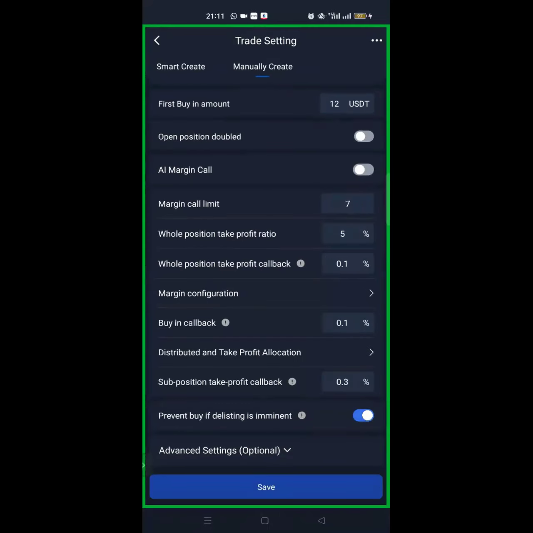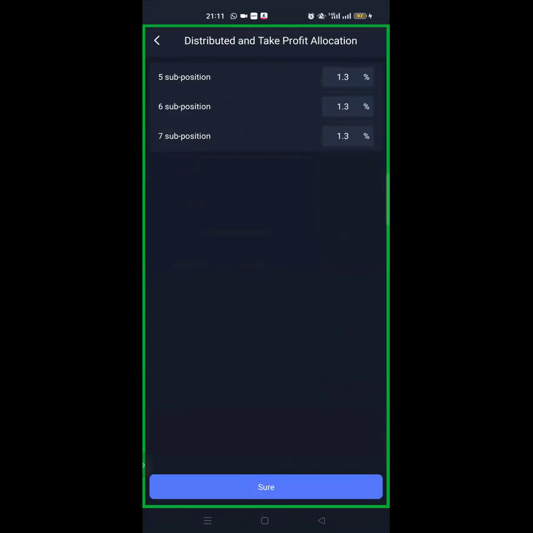So like I said, this distributed and take profit allocation controls your fifth call, your sixth call, your seventh call, your eighth call. Yes, they all have their individual take profits, and you can change them. You can say maybe your fifth call, you want to take 1%, your sixth call, you want to take 1.3%. Whatever you want.